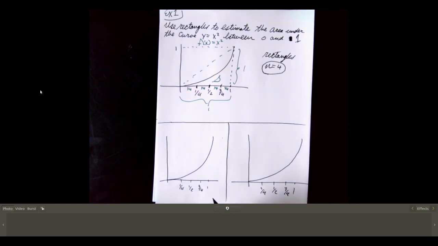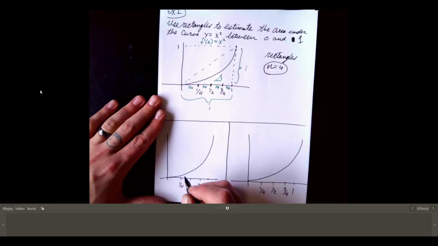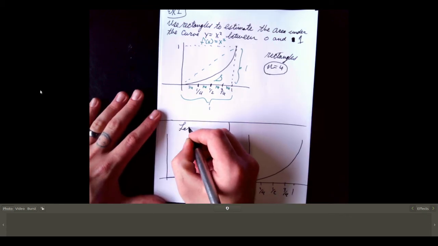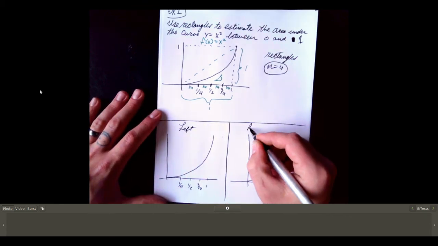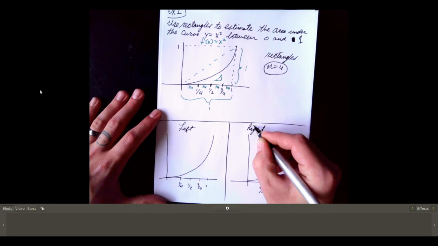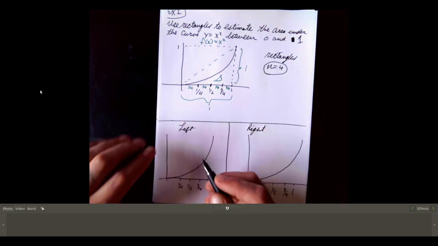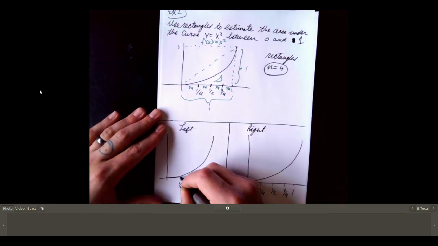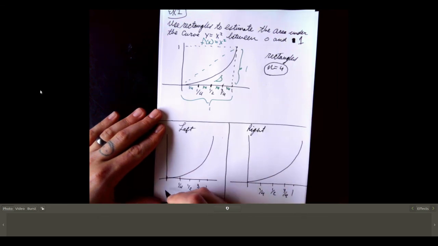Okay, so we can either get our heights, and this will be left, right. So, notice how this region, we've got the interval 0 to 1/4.